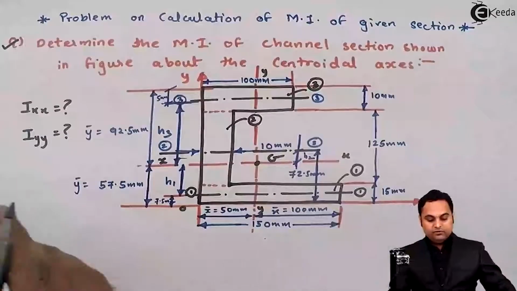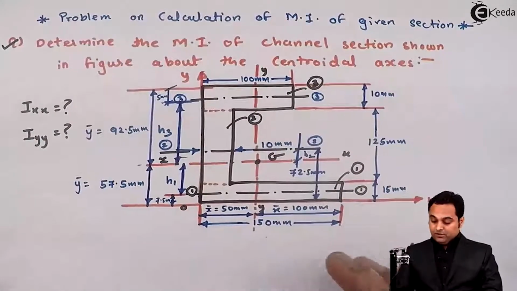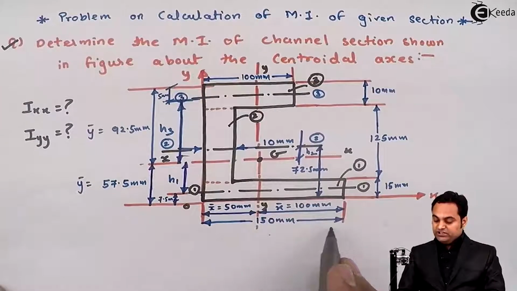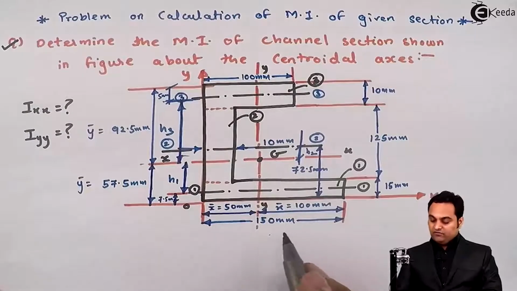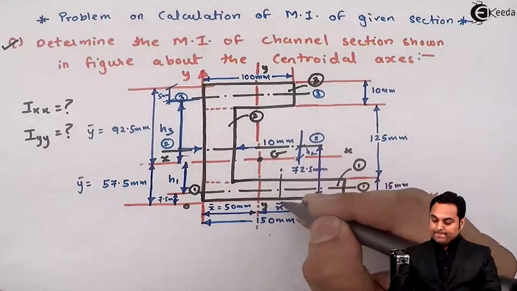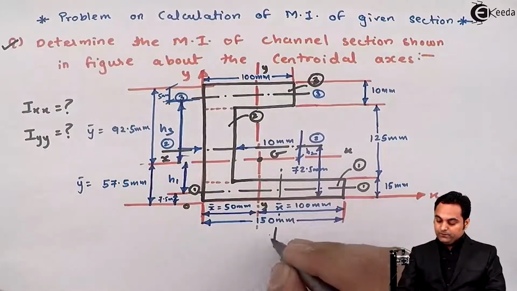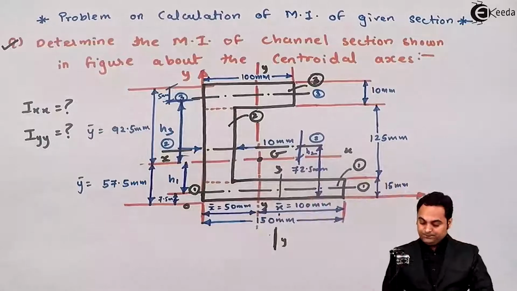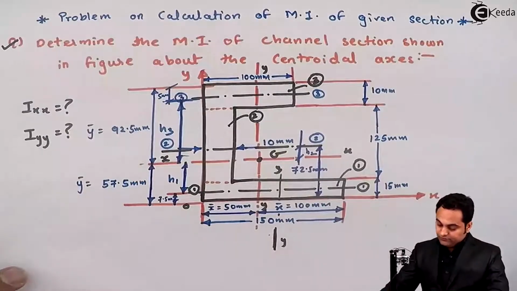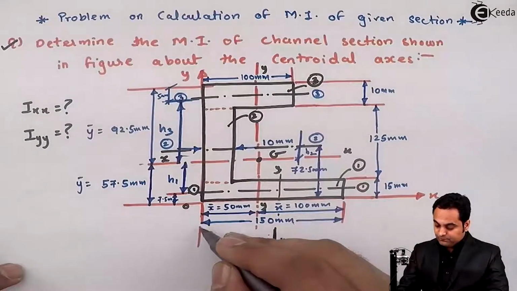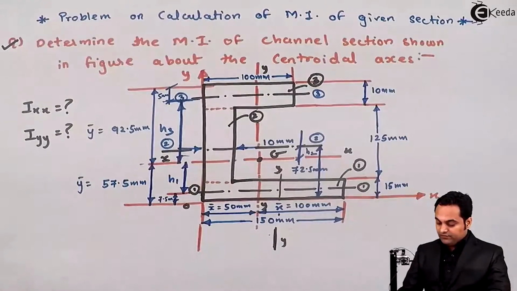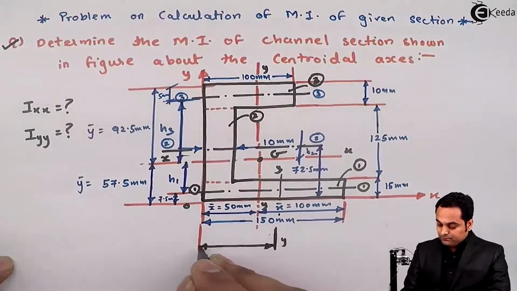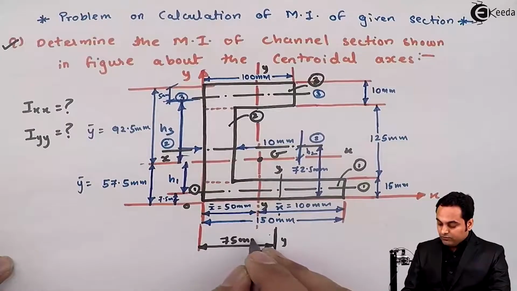now if we look into this diagram, then for the y-axis of rectangle number 1, its width is 150. So the y-axis will be at half of 150. So the distance of the y-axis for rectangle 1 is half of 150, that is 75 mm from left hand side.